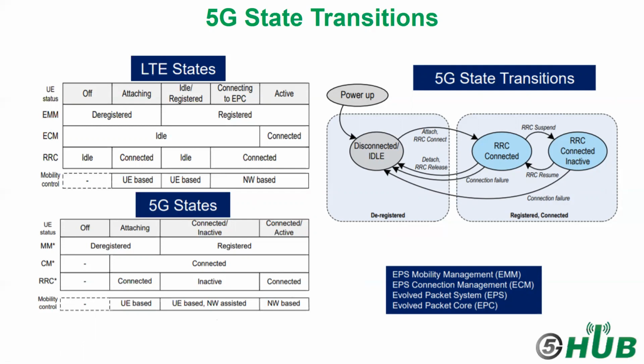This procedure involves restoring the previously stored configuration and resuming the connection without the need for any extensive signaling with the core network or having to re-establish security, for example. And this is a comparison between LTE states and 5G states.